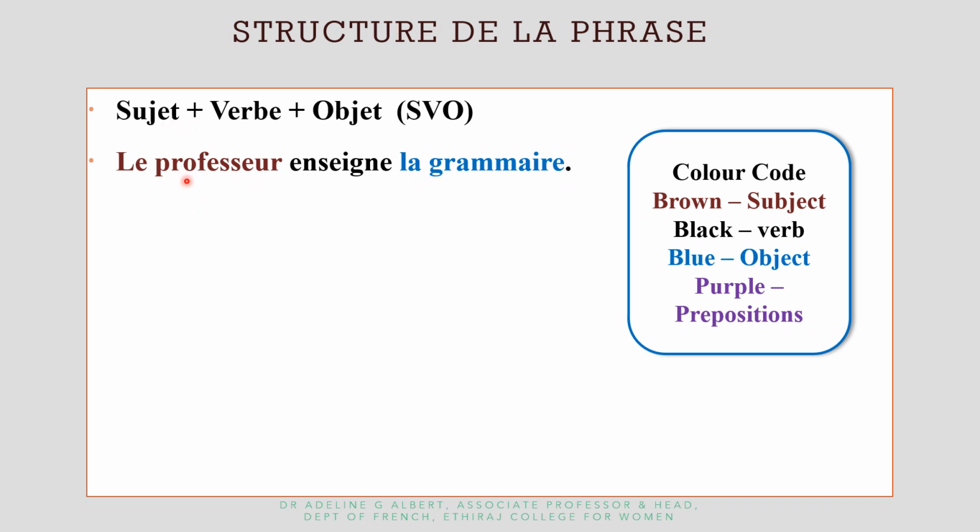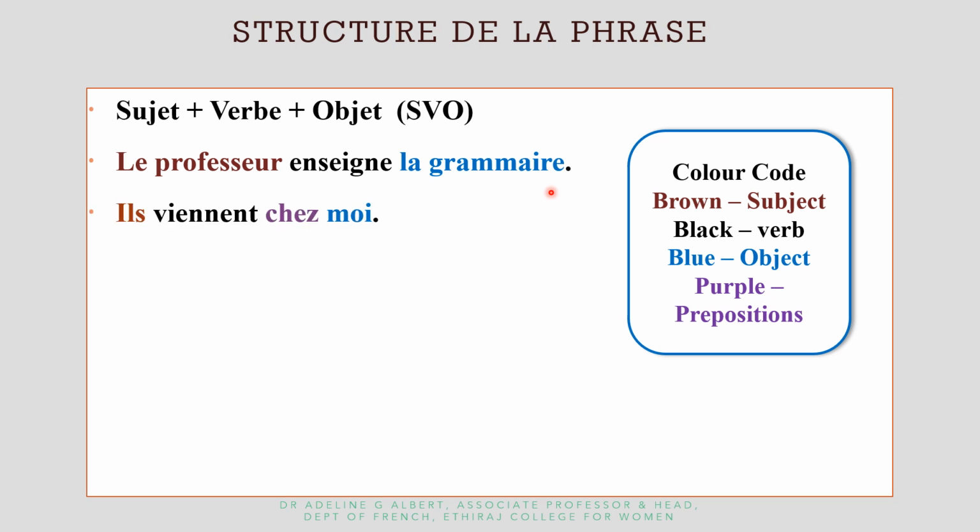Remember this. Subject, S, action verb, V, object, O, SVO, subject, verb, object. Alright? The person or the thing that's doing the action is the subject. And whatever follows the action is your object.